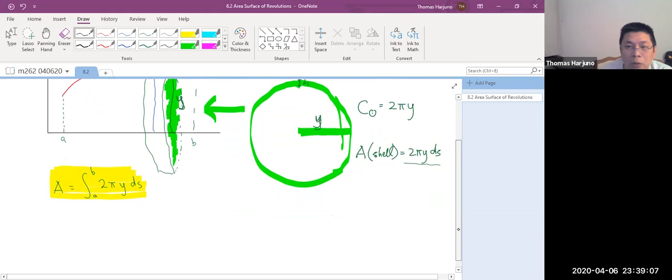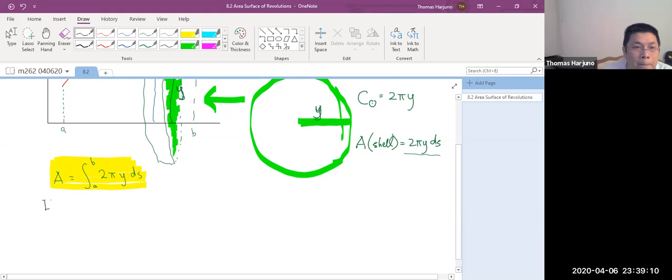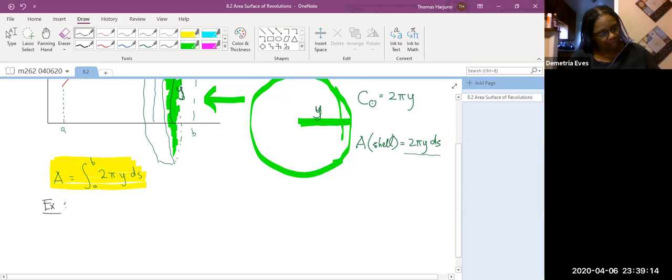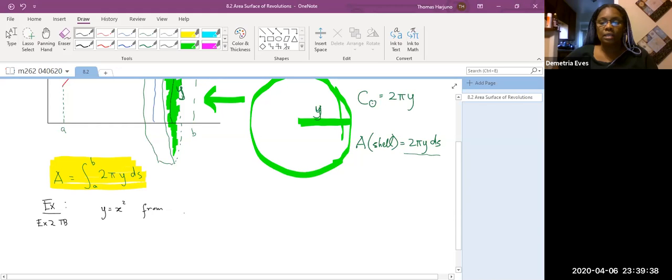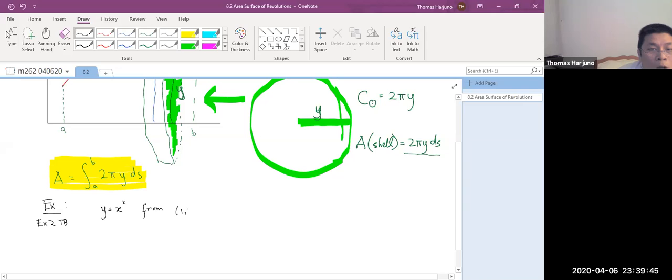Suppose, for example, I pick a question from our book. Let's say I pick this question here, example 2 from our textbook. y equals x squared, from x equals 0, from 1, 1 to 2, 4, but this time they rotate about the y-axis.